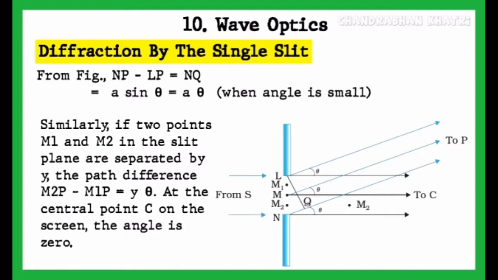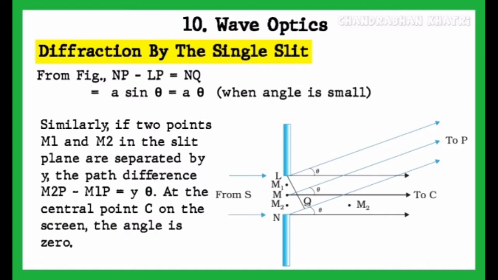From the figure, NP minus LP is equal to NQ, and that is equal to a sin theta, and a sin theta is again equal to a theta when the angle is small. Similarly, if two points M1 and M2 in the slit plane are separated by y, the path difference M2P minus M1P is equal to y theta.